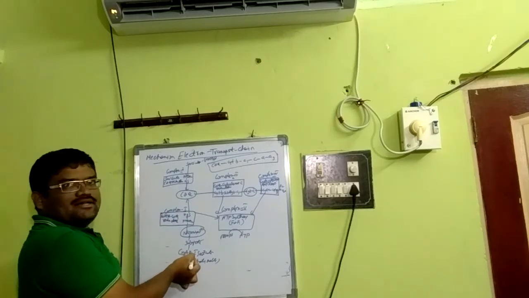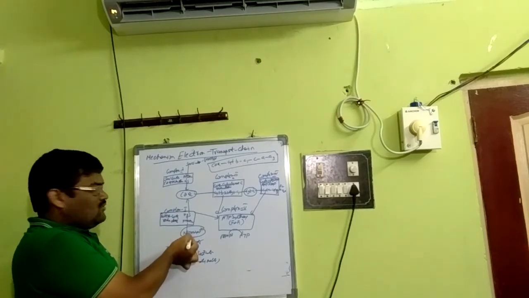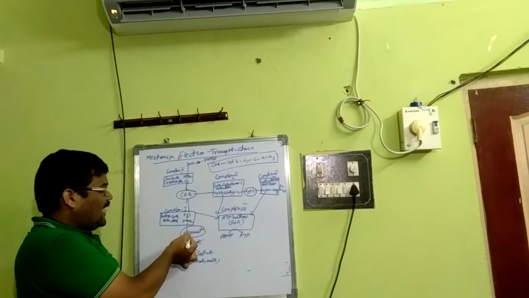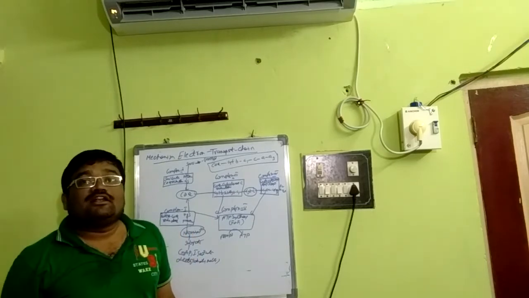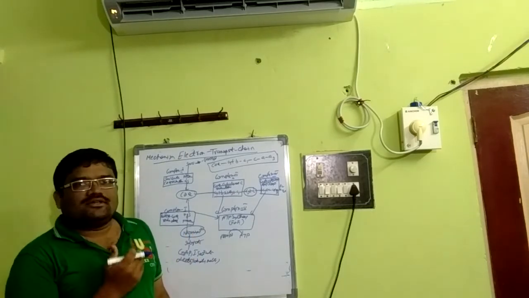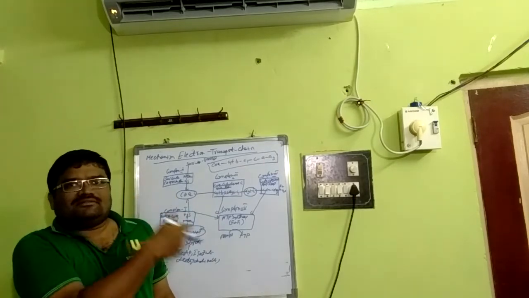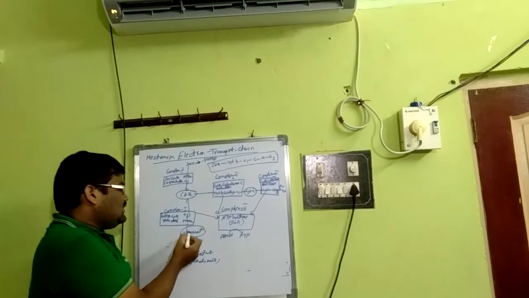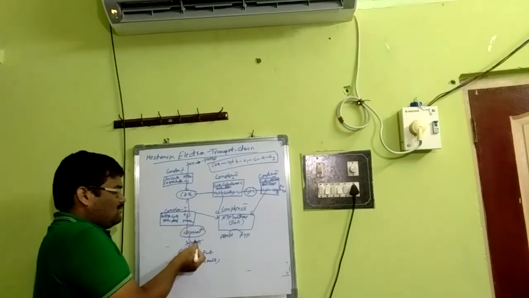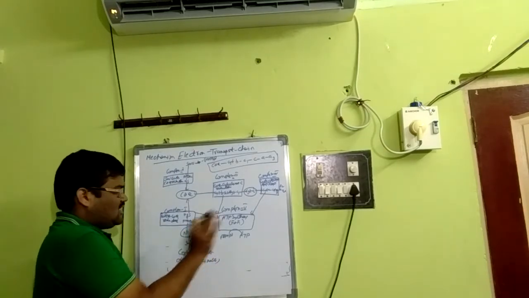Then these reducing substrates give reducing equivalents as NADH, and from NADH it will release 2 electrons and 2 protons, as we have discussed in the previous discussion. We will start from here for the basic understanding.